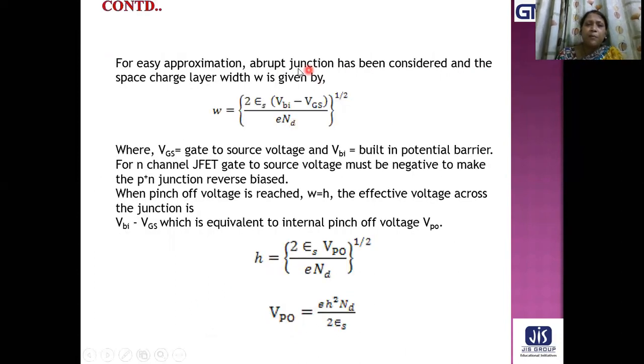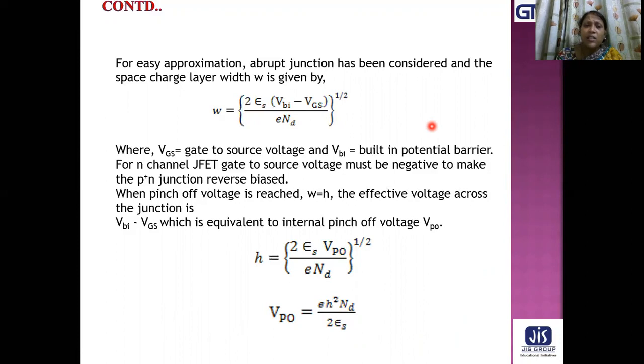For easy approximation, the abrupt junction has been taken and the space charge layer width W is given by (2 epsilon S (VBI minus VGS) / (E ND)) to the power half, where VGS is the gate to source voltage, VBI is the built-in potential barrier, as a one-sided abrupt PN junction has been considered here. Epsilon S is the permittivity, ND is the donor atom concentration, E is the electronic charge.